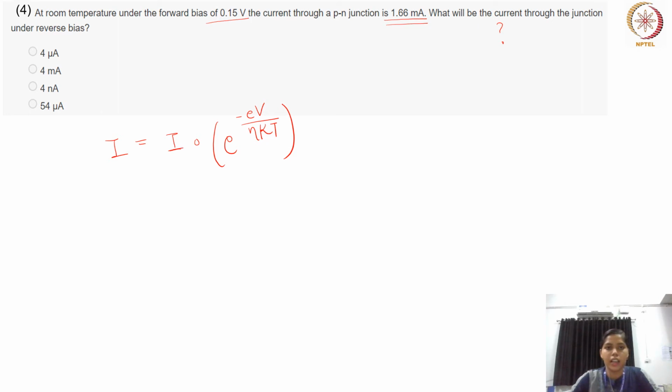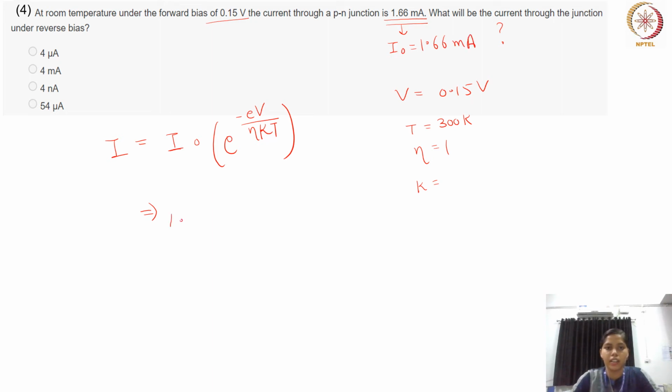Correct. And the value of the voltage here is 0.15 volt, T you can take as 300 Kelvin, and eta again 1, and the value of K is the Boltzmann constant, and this is basically your I naught, which is 1.66 milliampere.